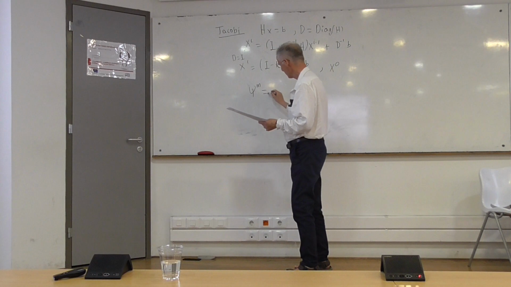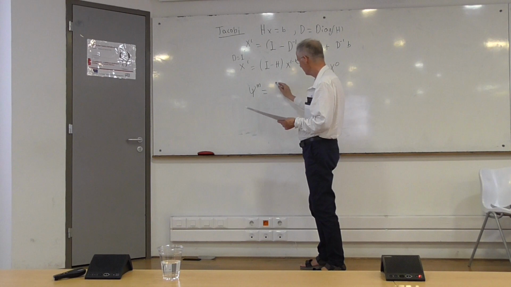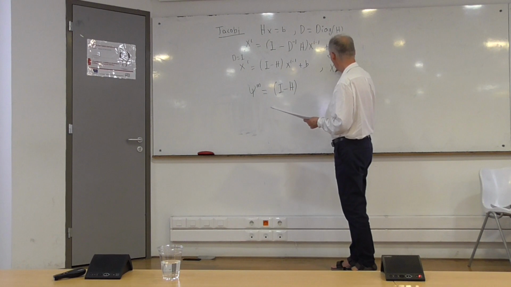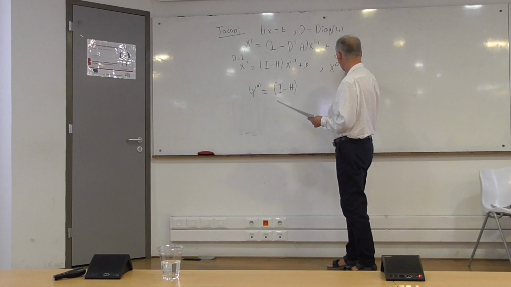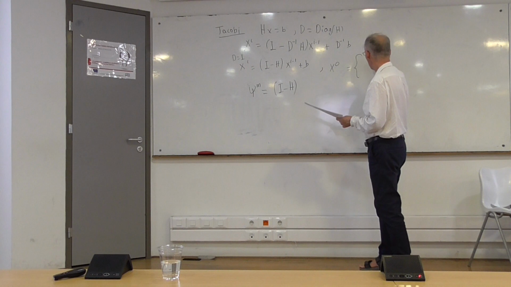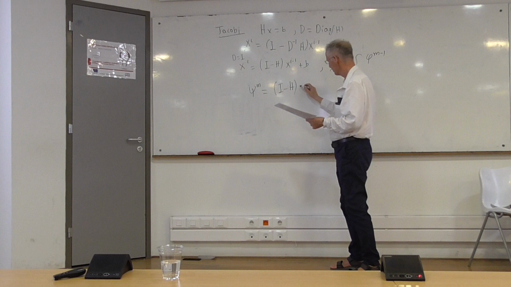In the inner loop of the nested method, we can take as x0, so we have two cases. For example, this is one of them.